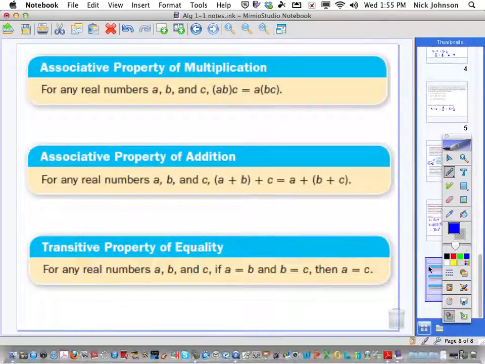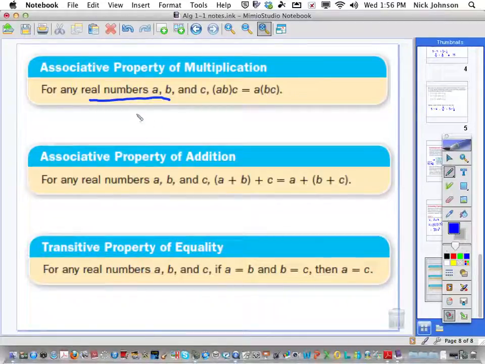Last 3 properties that you need to know. Associative property of multiplication. All this says is for any real numbers, A, B, and C can be whatever you want. If I take A times B and multiply it to C, it's the same thing as taking B times C and multiplying it to A. Multiplication, you can change it up and it'll still be the same.